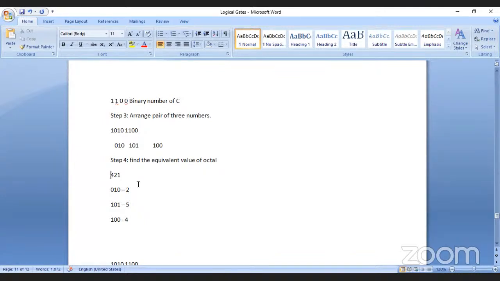See here, what's the value of this? In this digit only, I have 1, so I take 2. That is the reason I get 2 for this value.